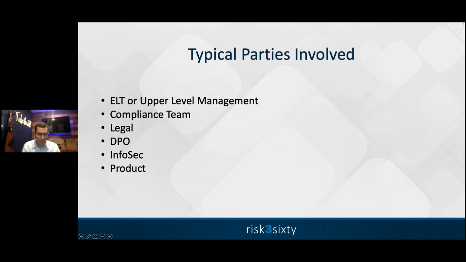Information security, I can't say it enough, you need security to achieve privacy. So ideally, these components of the business are already working closely together. And then when we get to the audit, we're going to typically get some input from information security to make sure we fully understand some of the technical elements of the standard.